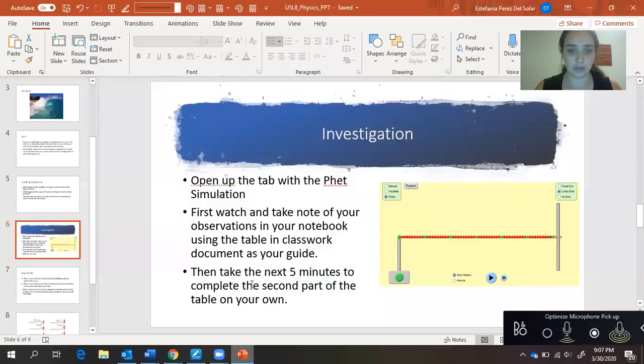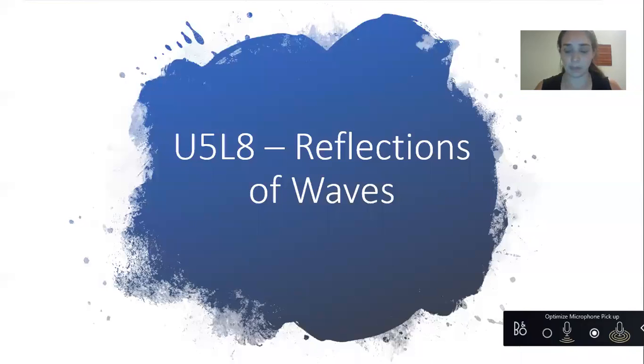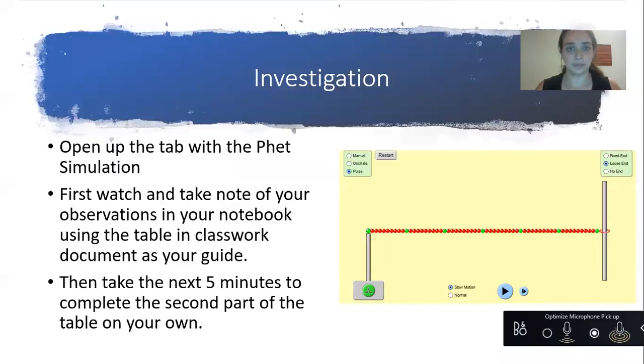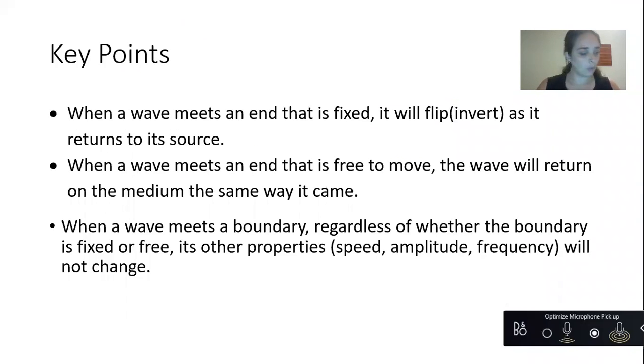Let's come back to our PowerPoint presentation. Through the investigation, you should have arrived at these key points. When a wave meets an end that is fixed, it will flip or invert as it returns to its source.